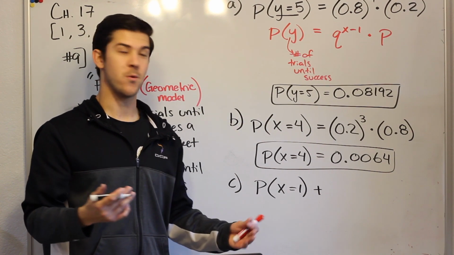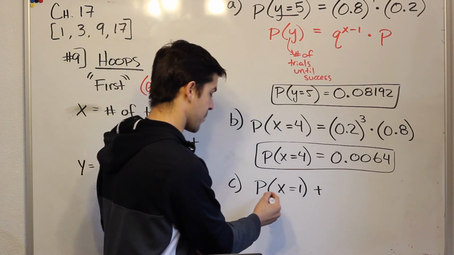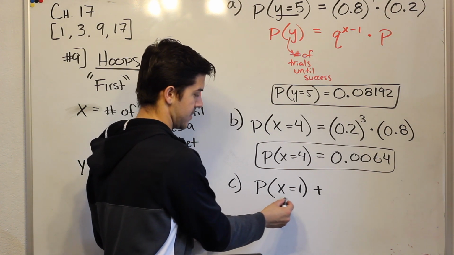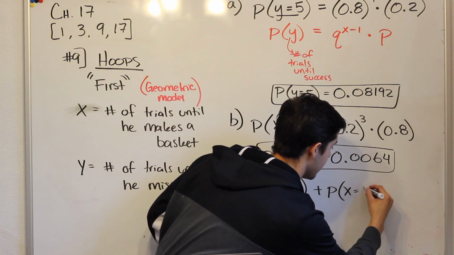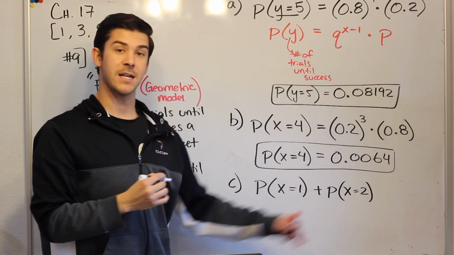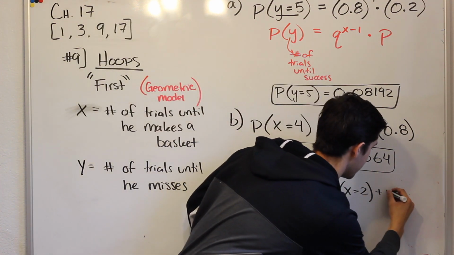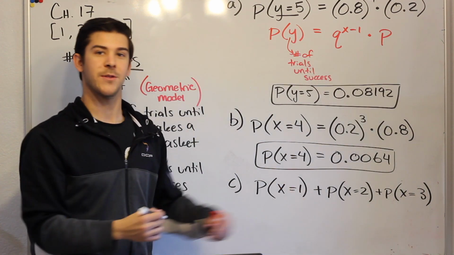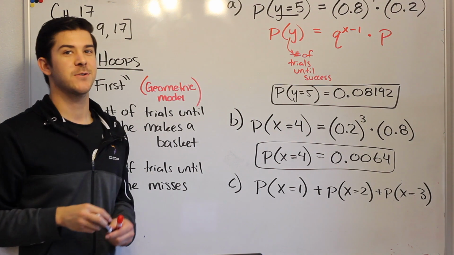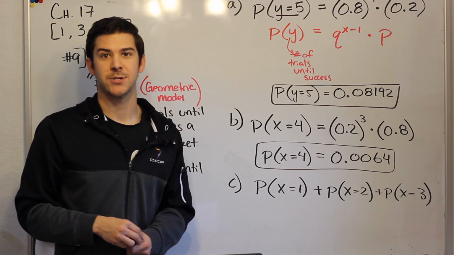And is multiply, or is adding. The probability that he makes his basket on the first shot plus the probability that he makes his basket on the second shot plus the probability that he makes his basket on the third shot. Take a look at the solutions guide to see how they did it if you need a little bit extra help.